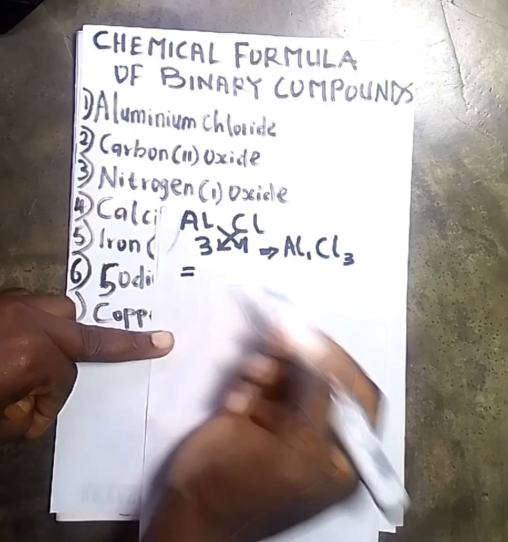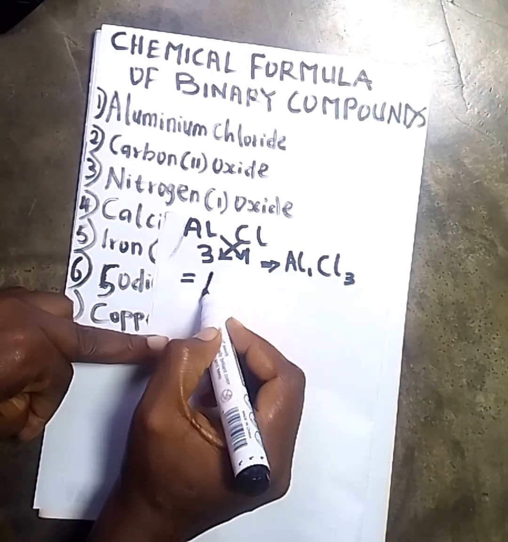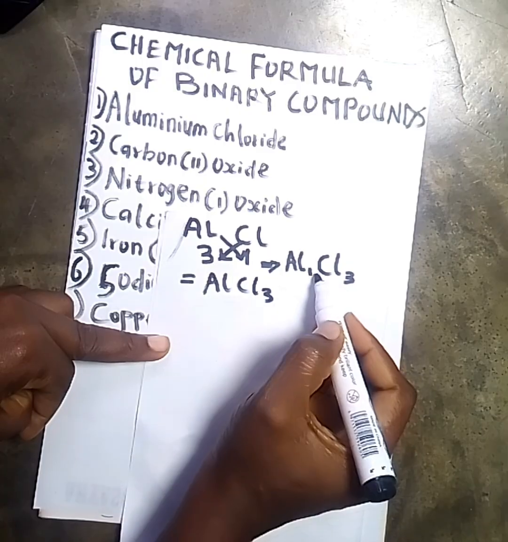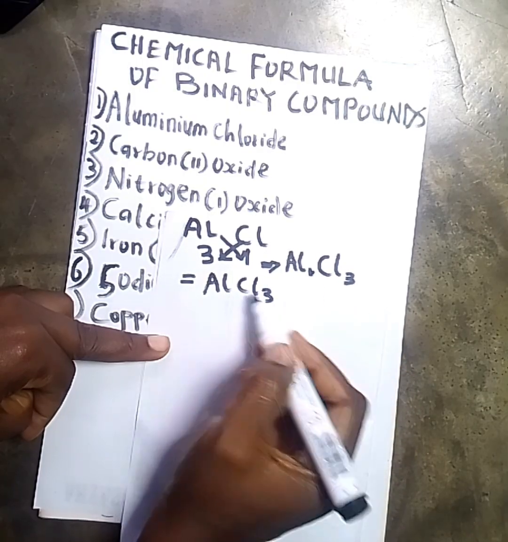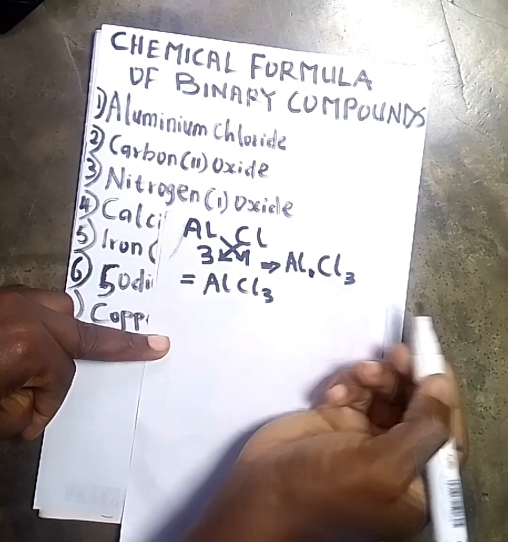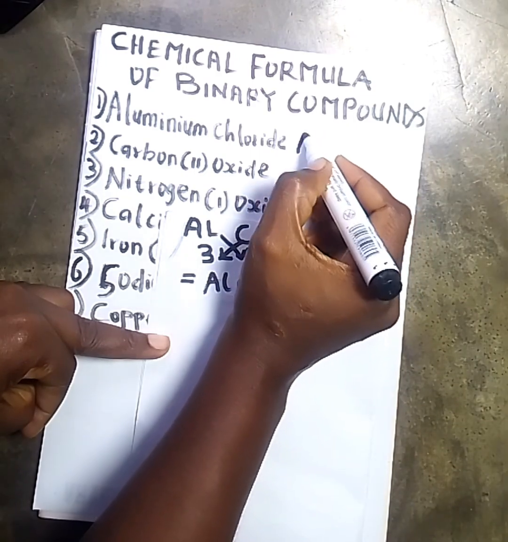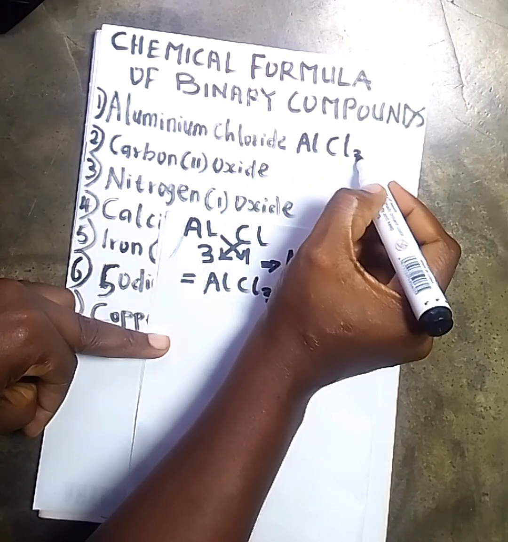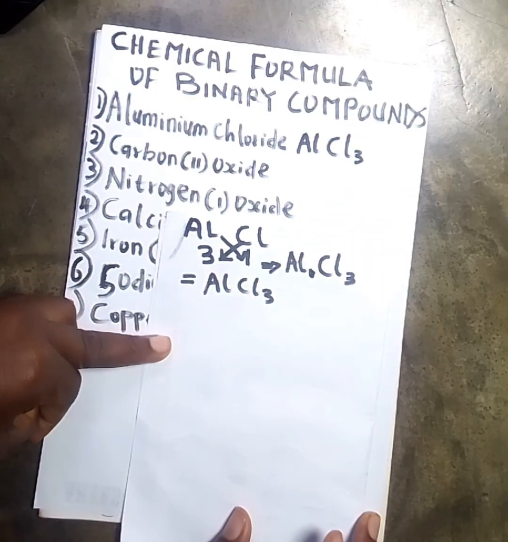So the formula for aluminium chloride is what? AlCl3. We do not actually put the 1, but it is there, okay? So the compound is AlCl3. That's the chemical formula, okay?